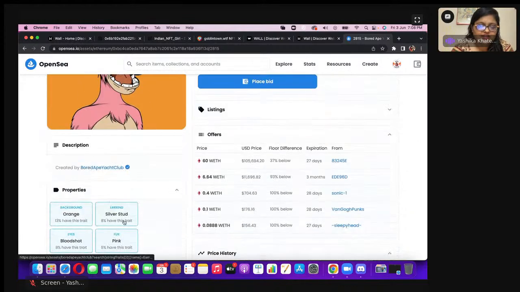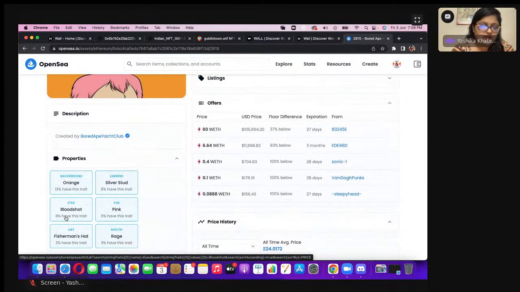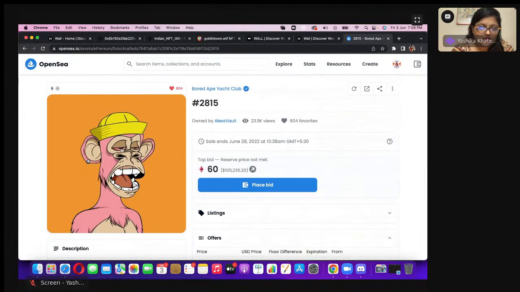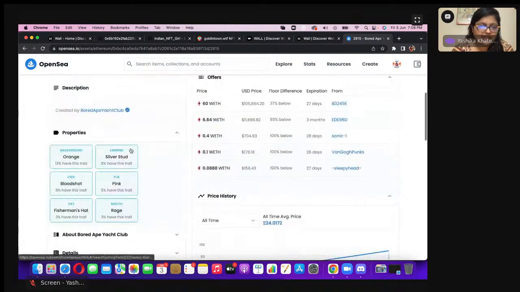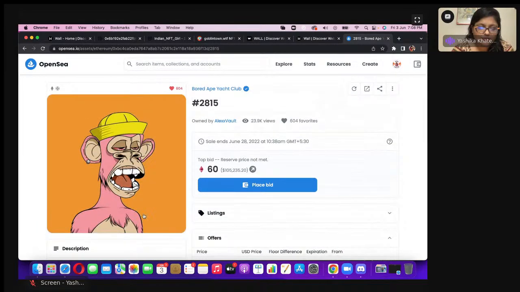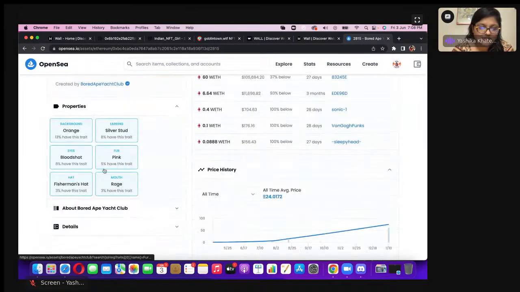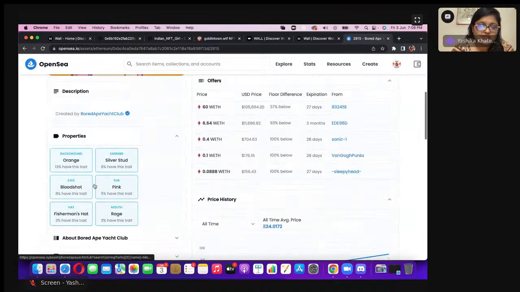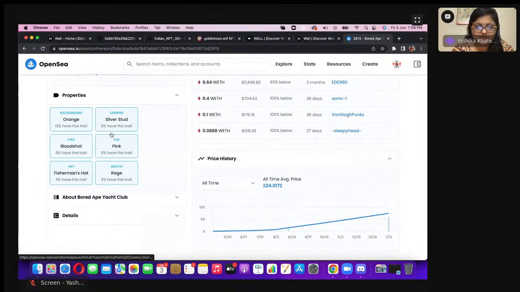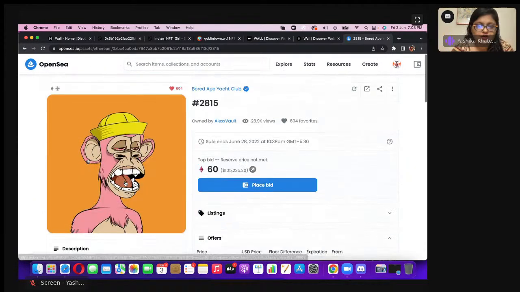So silver stud earring, only 8% have this. Bloodshot in the eyes, you can see, okay, this is red eyes, and only 8% have this. Pink fur, okay, the body is pink furred, only 5% have this. Fisherman's hat, only 3% have this, which means it is sort of a rare one, right? A rage, 3%. So the sort of expression this ape is having is a rage expression.